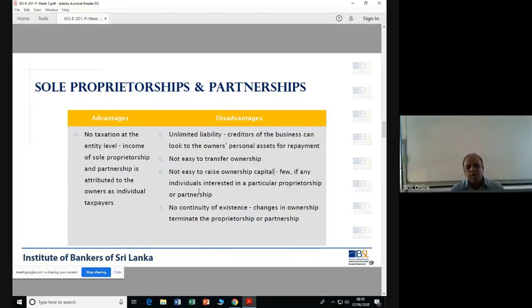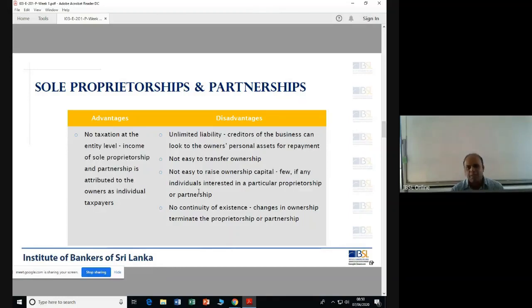But if I am running a sole proprietorship and I need more money to run or expand my business, I might have to look for support either from a bank or from my parents or relatives or whoever can support me. So raising the ownership capital will be a challenging task.